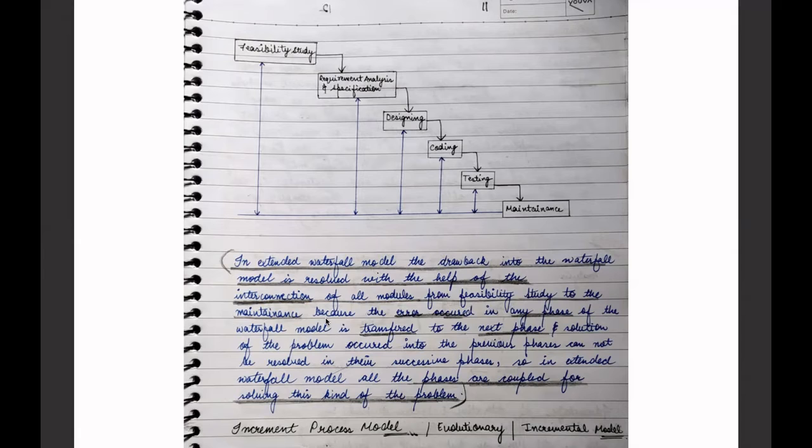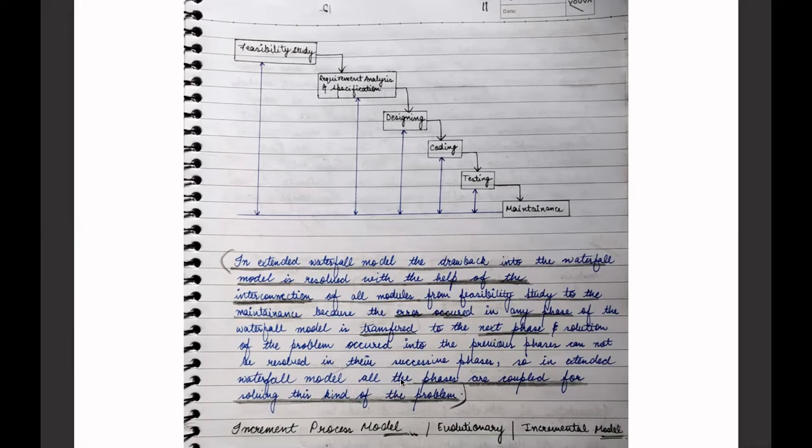Because an error occurring in any phase of the waterfall model is transferred to the next phase, and the solution to a problem that occurred in a previous phase cannot be resolved in the successive phase. So in the extended waterfall model, all the phases are coupled for solving this kind of problem.